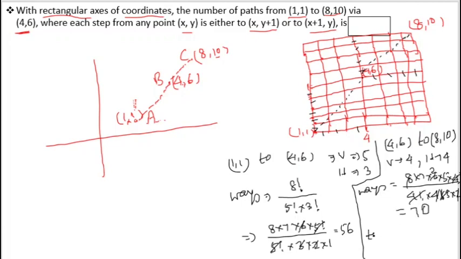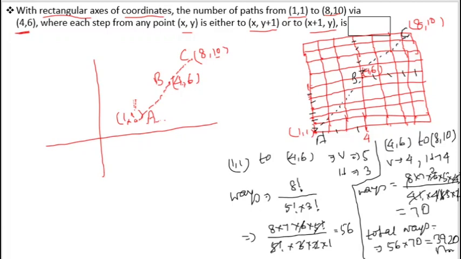So now we have to find the total ways. As we know, if this point is A, this is B, and this is C, then the ways are A to B and B to C. Because this is an 'and', we multiply both the ways, that is 56 into 70, and we get 3920.